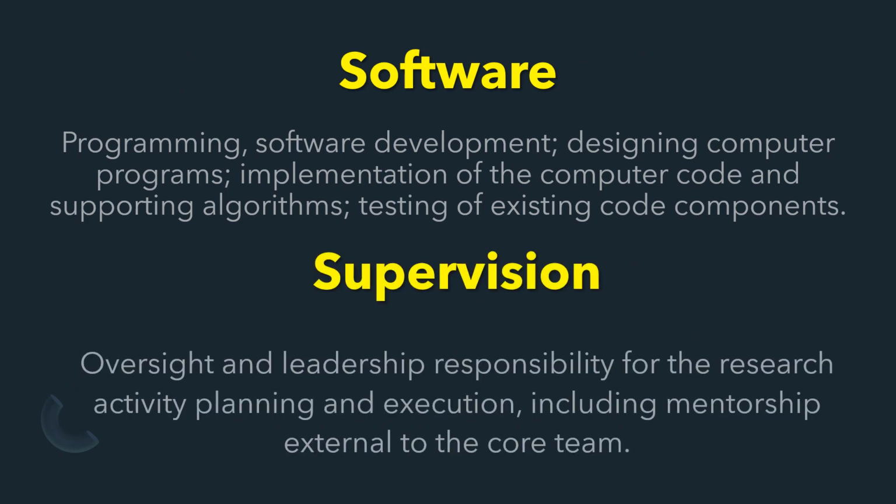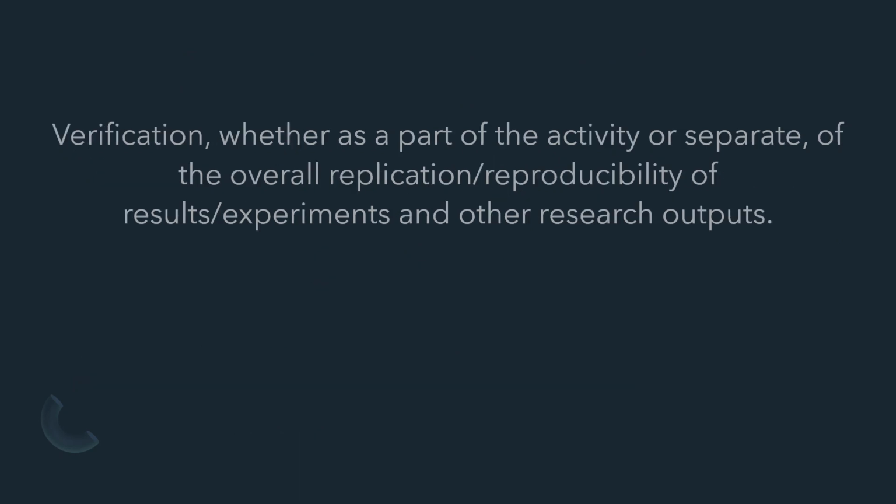Then we have supervision, that is oversight and leadership responsibility for the research activity, planning and execution, including mentorship external to the core team. Then we have validation, that is verification, whether as a part of the activity or separate, of the overall replication and reproducibility of results, experiments and other research output.